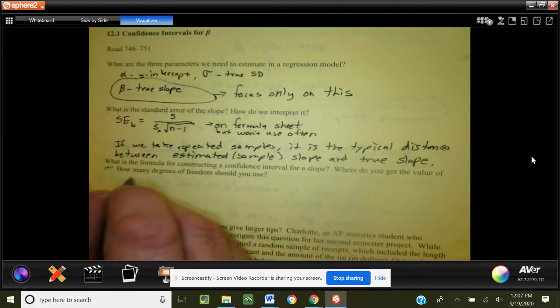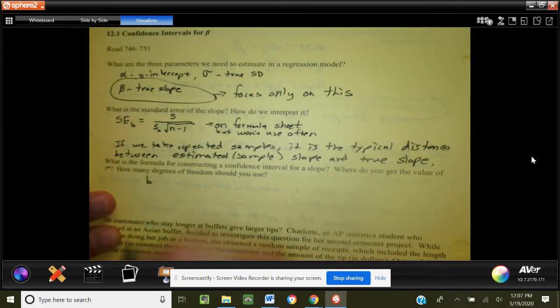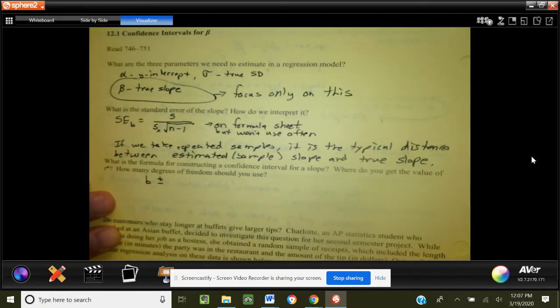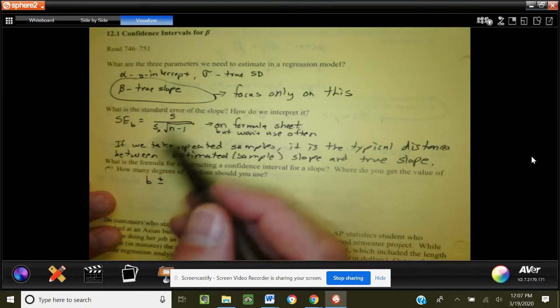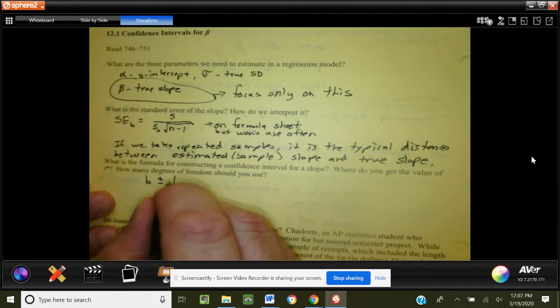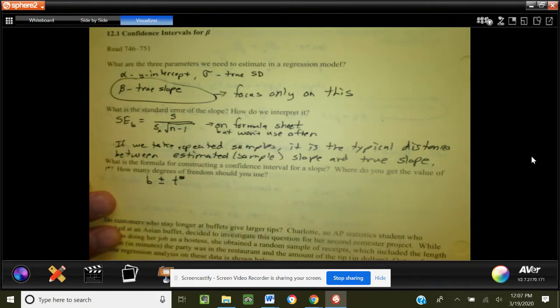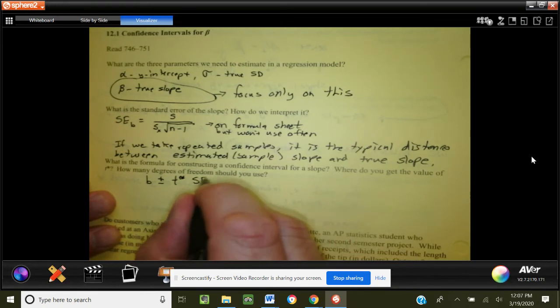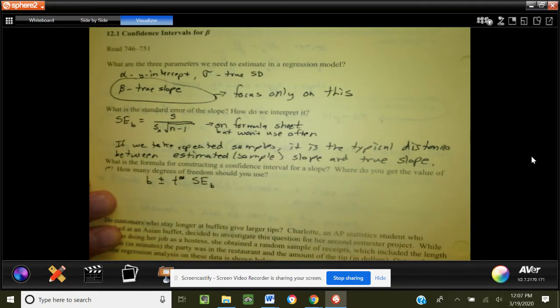We're going to take the sample slope, which is little b, plus or minus. Since we're using t procedures here because of estimating standard deviation using sample standard deviations, we're going to use a t critical value here. Then we're going to multiply that times the standard error of the slope, which we just talked about a minute ago. So that's your formula for a confidence interval.